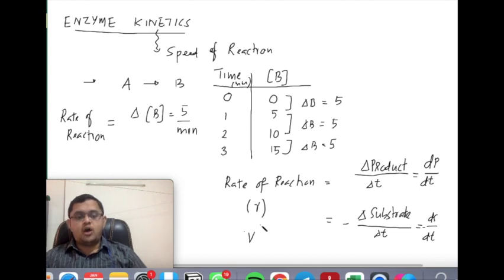Now we will see how this rate of reaction can be calculated from the stoichiometric equation. That is the next thing. We are comparing how the rate of reaction varies with respect to the chemical reaction and the enzymatic reaction.